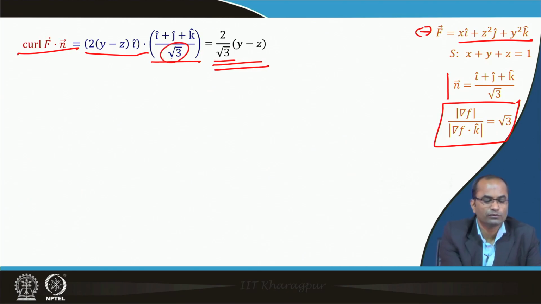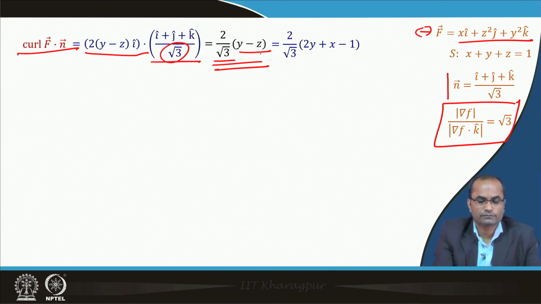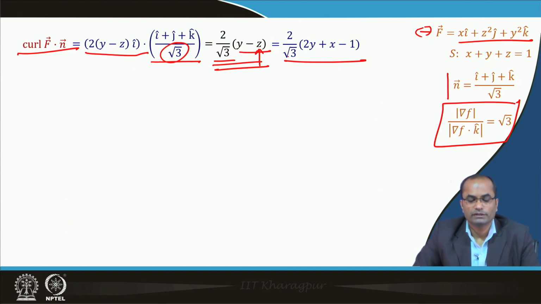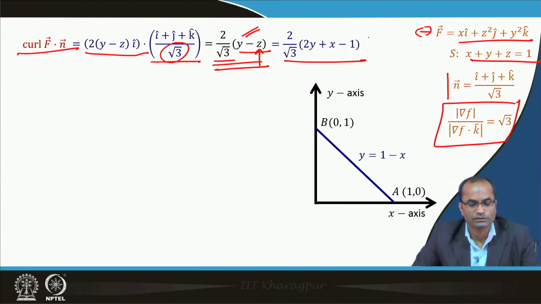So, 2 over square root 3 times y minus z. So, this is curl F dot n. We are replacing this z because we will be integrating over the xy plane. So, the z we can replace as 1 minus x minus y. So, that will be 2 times y plus x minus 1.